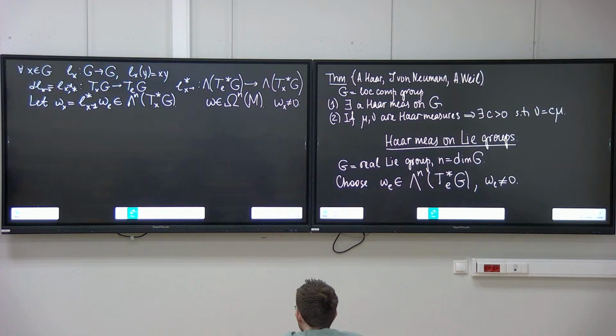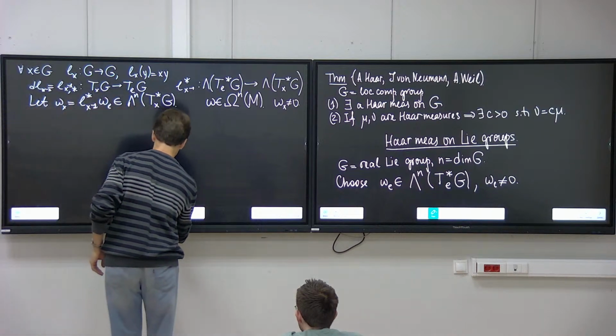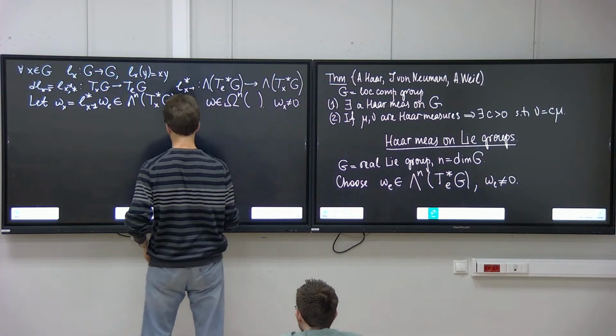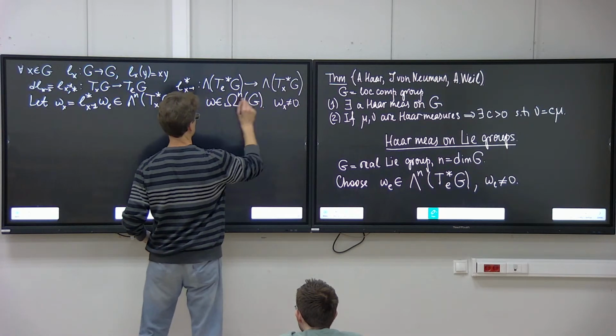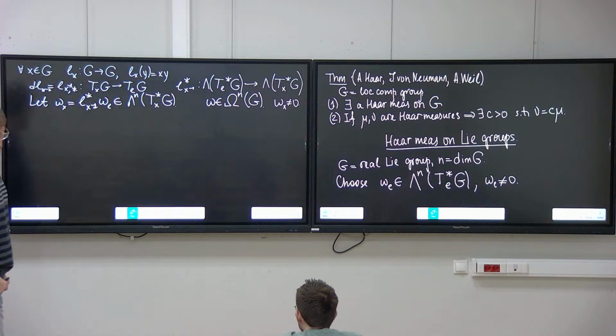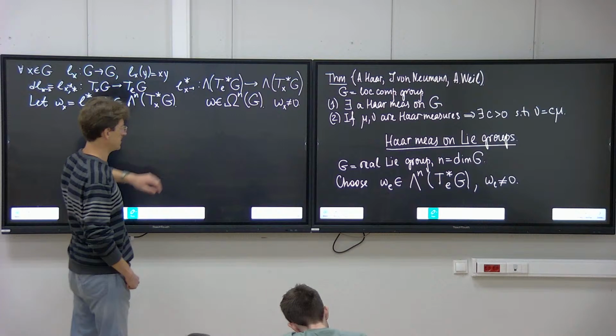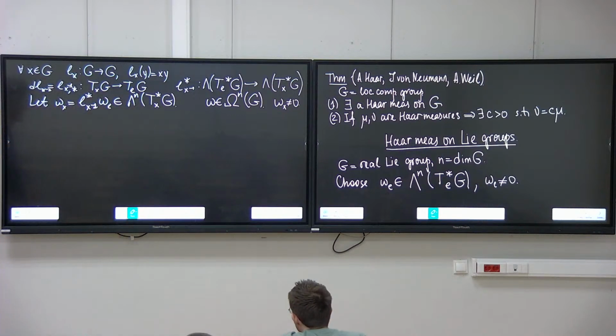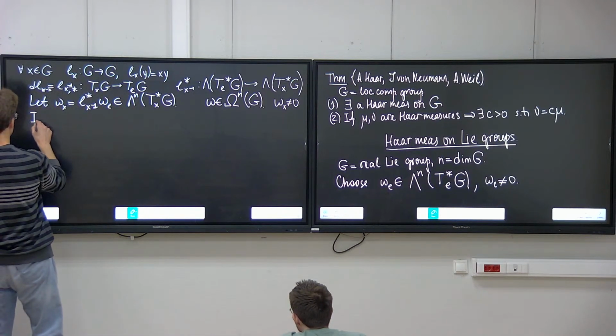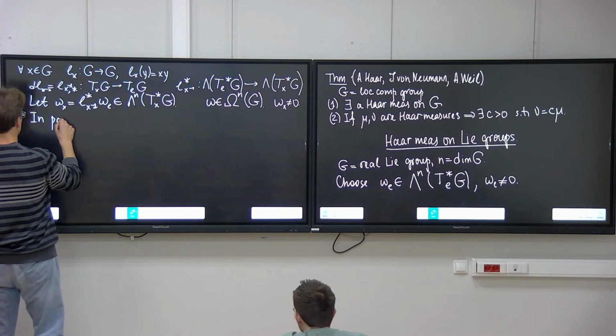So as a byproduct, we see that, why do I write M? Not M, but our group G. And by the way, we see that G is orientable, because we have a differential form of higher degree which is nowhere zero. So in particular, G is orientable.